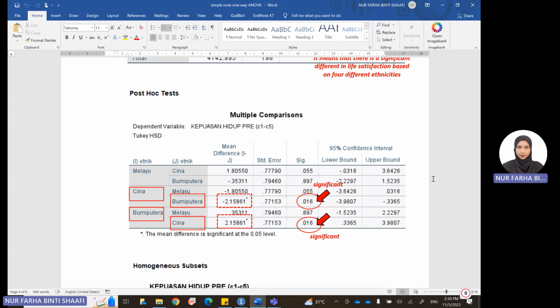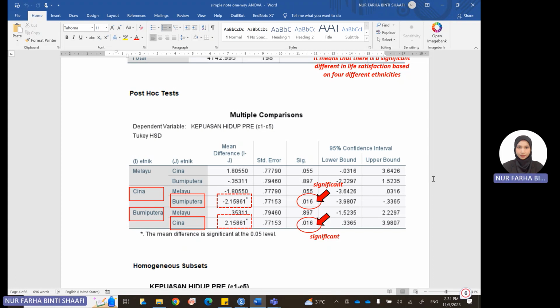If you don't understand, you look at here, Bumiputra and Chinese, the same thing, you compare. But your value doesn't have negative. Why? Because Bumiputra is different from Chinese, but the difference is Bumiputra is more by 2.1 than Chinese.